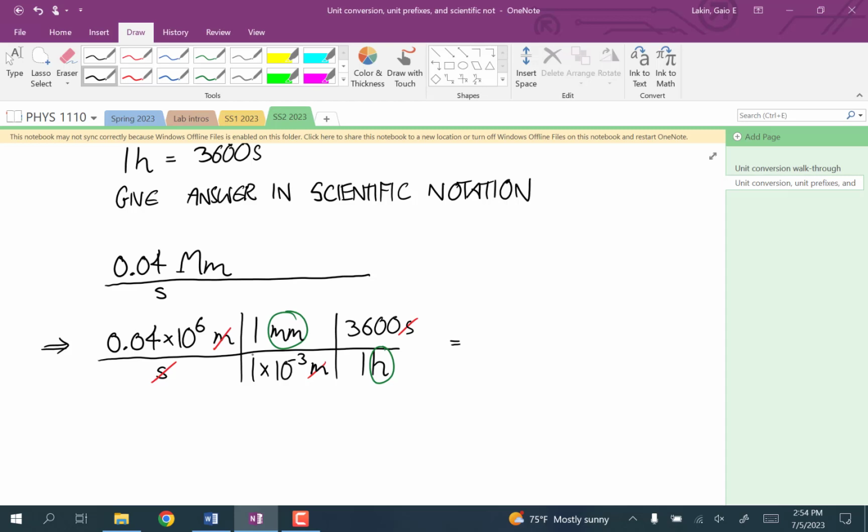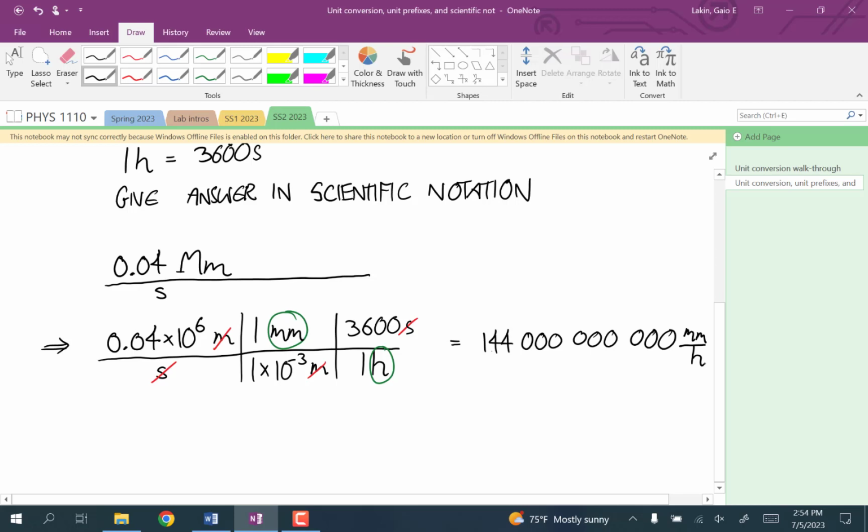And we get an answer of, I'm going to write this out. Okay, so I get 144 followed by nine zeros. And the units here are millimeters per hour.